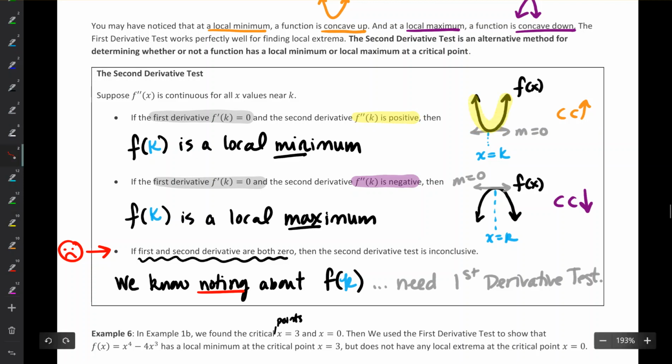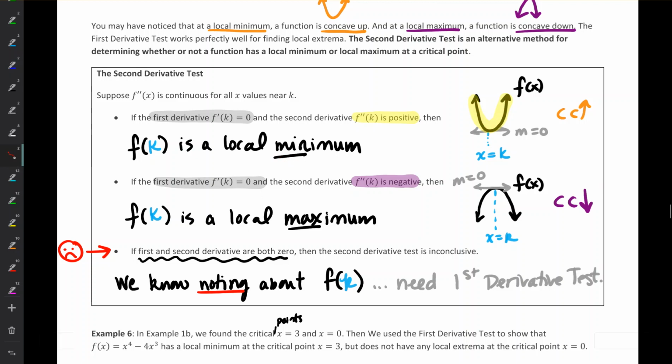I like drawing a picture for myself, because it feels very strange to say positive and then minimum. But if the second derivative is positive, my function is concave up, that feels very natural. And then I look at a picture of what concave up looks like and I say, oh yeah, concave up is in fact a minimum.